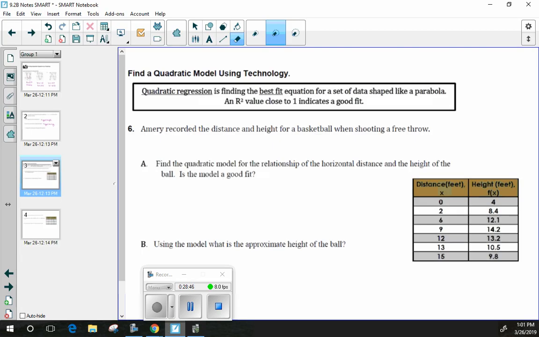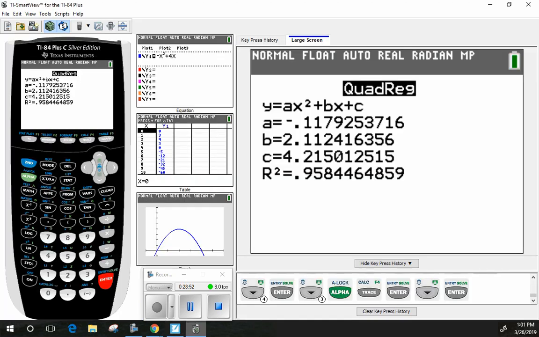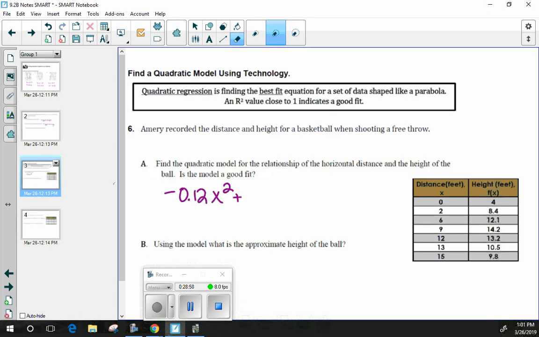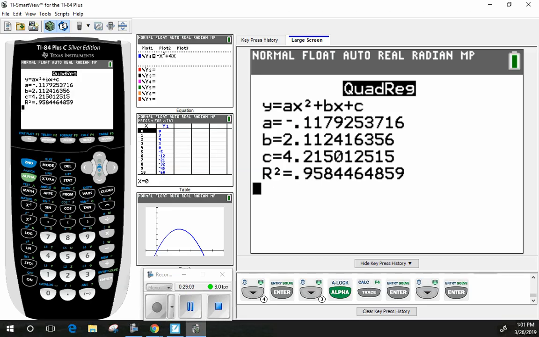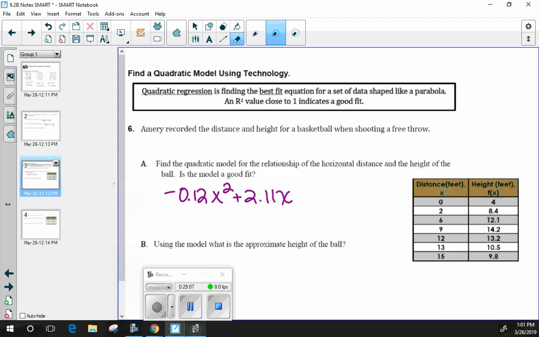Well, our quadratic model for this is negative 0.12x squared plus 2.11x, and then the c value is 4.22.